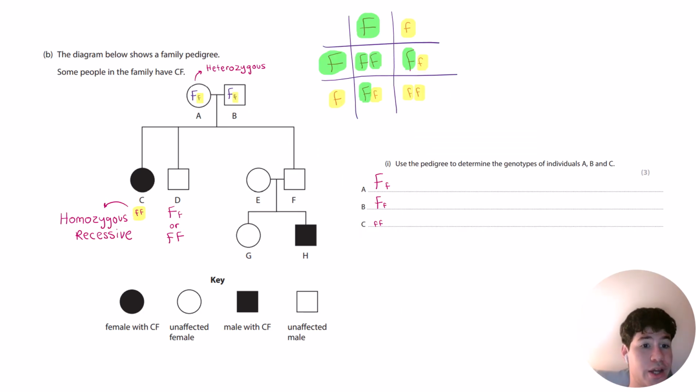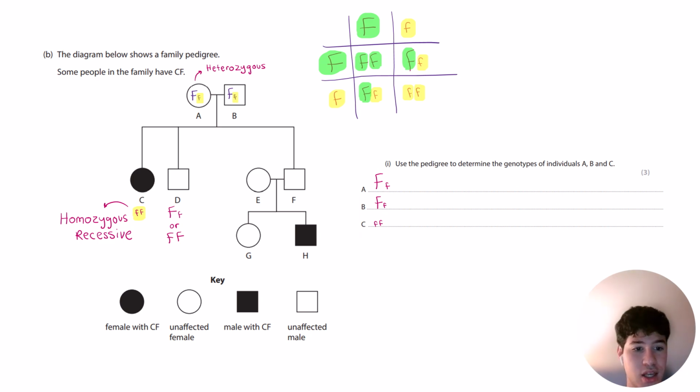Okay, the diagram below shows a family pedigree. Some people in this family have cystic fibrosis. So from the start of the question, it hints at you that A and B, which is the mother and the father, must both be carriers.